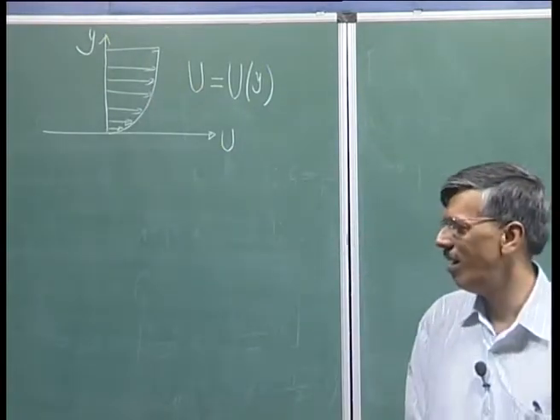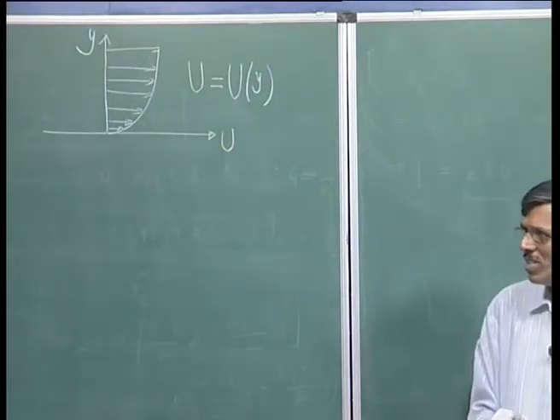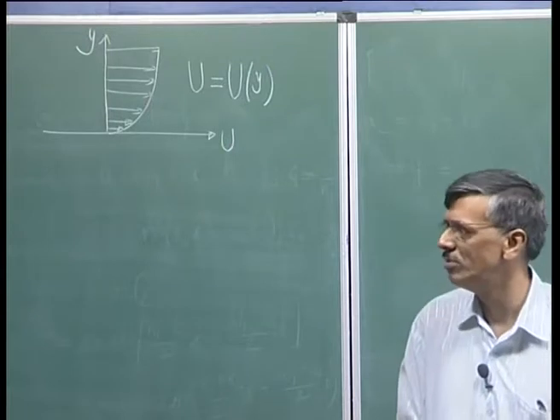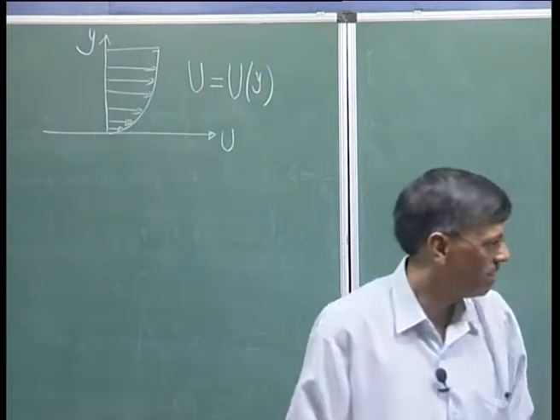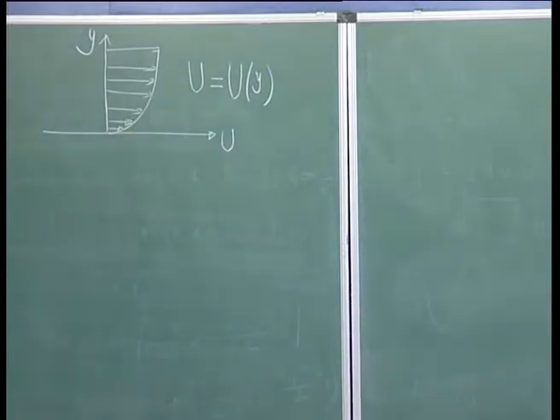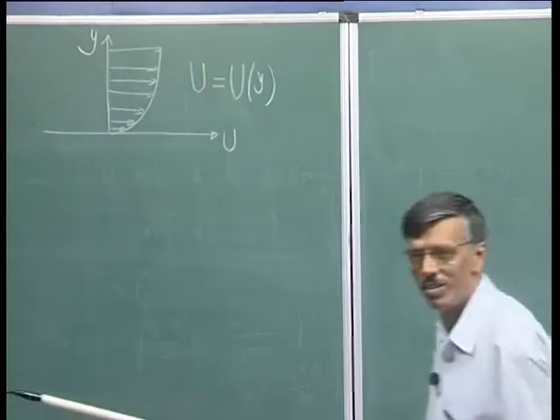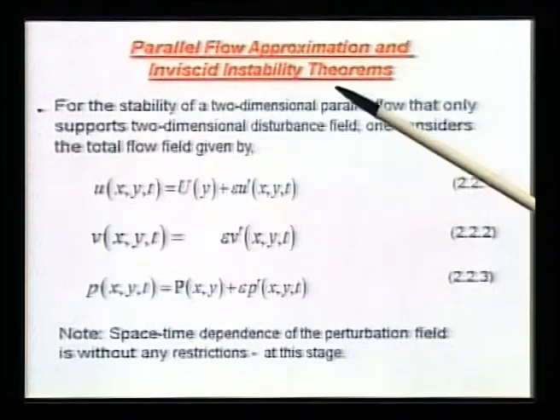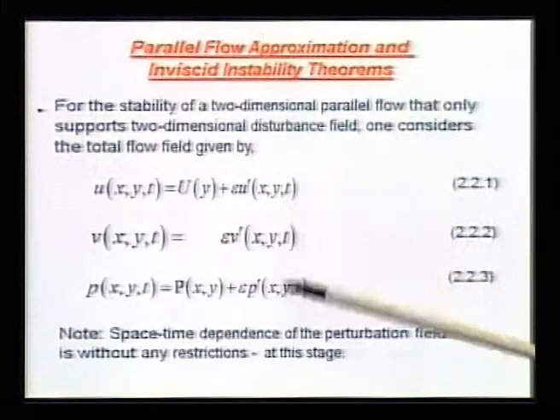So, making that observation, all these giants of physics decided that instead of studying the viscous stability, they started studying the inviscid instability. So, what does this mean? Please pay attention to the flow field description.